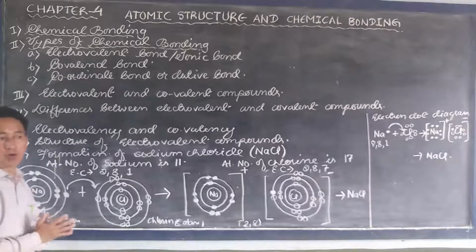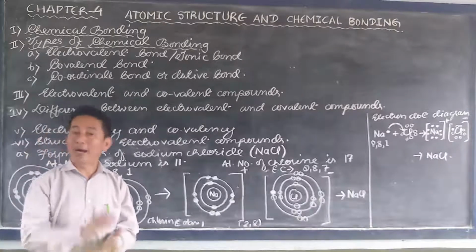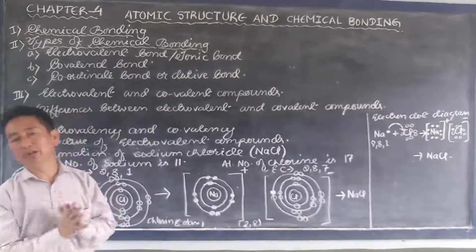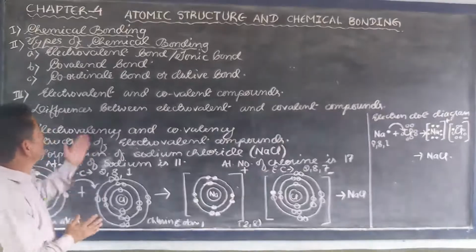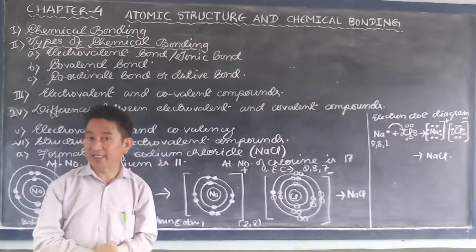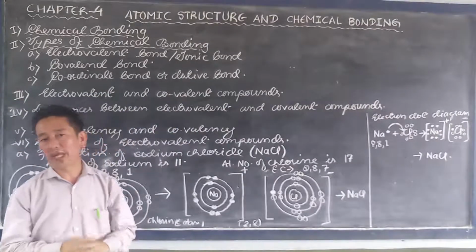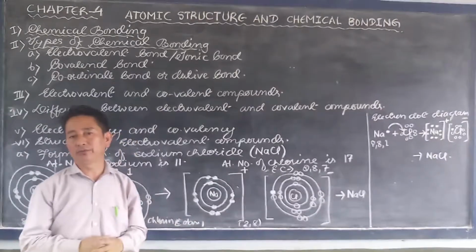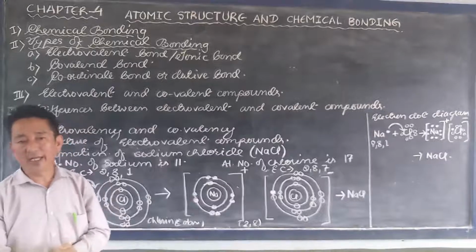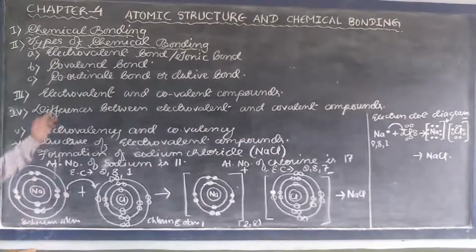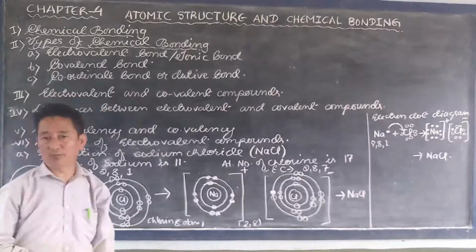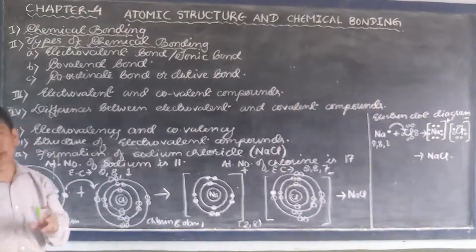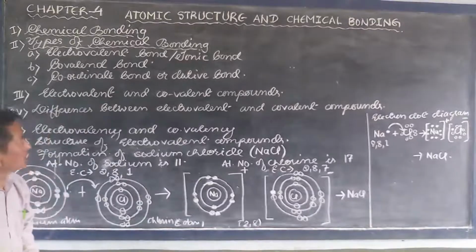The chemical bond which is formed by providing the lone pair of electrons by one of the combining atoms is known as a coordinate or dative bond. Lone pair of electrons means a pair of electrons which is not shared with any combining atoms, and this coordinate bond or dative bond is not in the class 9 syllabus. You will learn it in the class 10 syllabus.